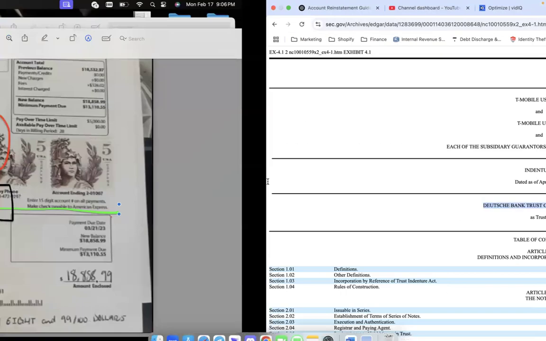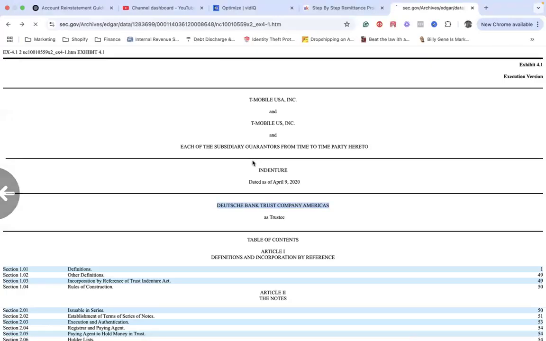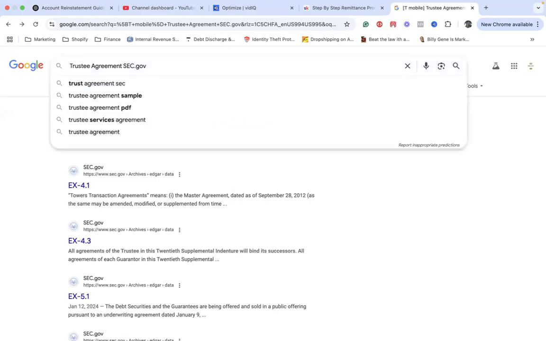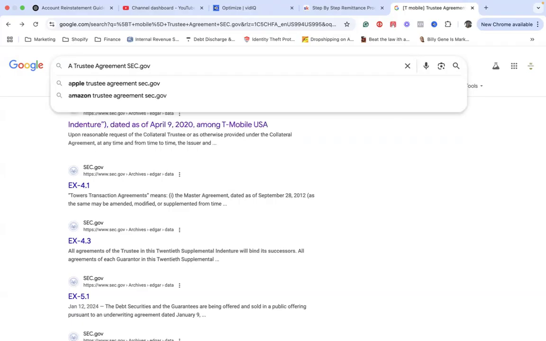So, for example, someone has a... somebody give me something. Think of a company you work with, give me something, and I'll put it in to show you in real time. AT&T. All right, Verizon. Let's do Verizon.